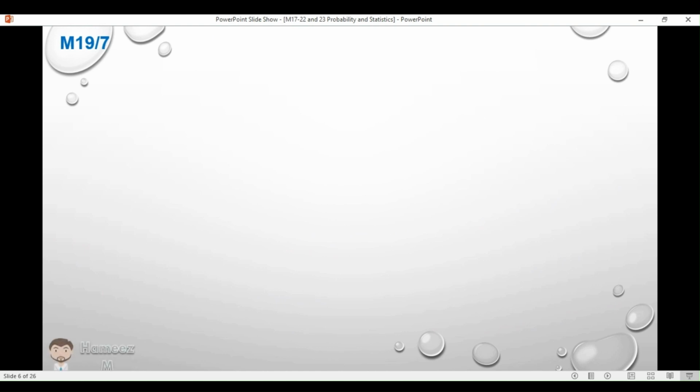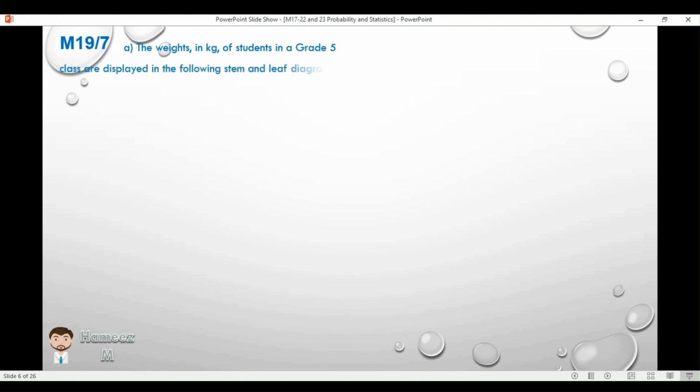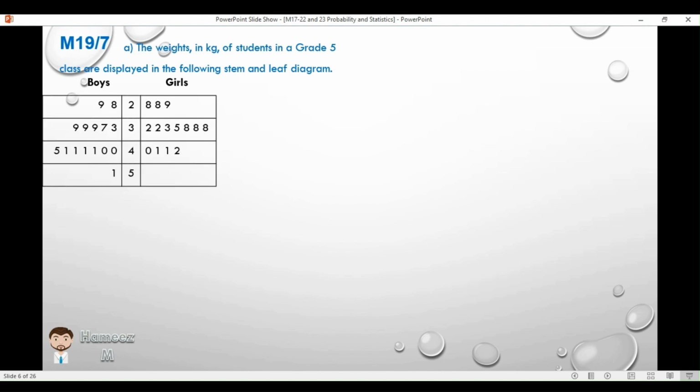May 2019, number 7A. The weights in kilograms of students in a grade 5 class are displayed in the following stem and leaf diagram. If we look at the diagram, we can see that it's a double stem and leaf plot, meaning that we're accustomed to 2 columns usually, but now we have 3.